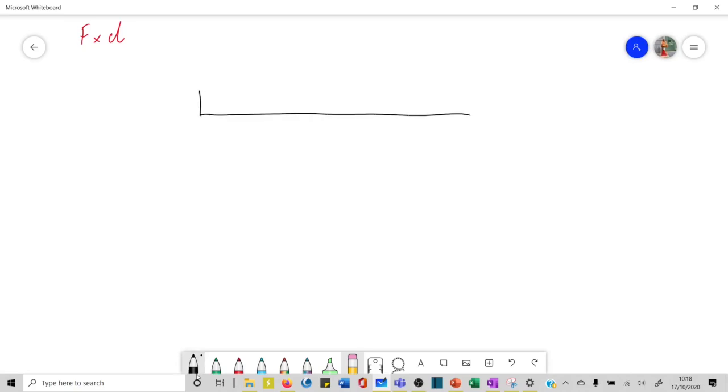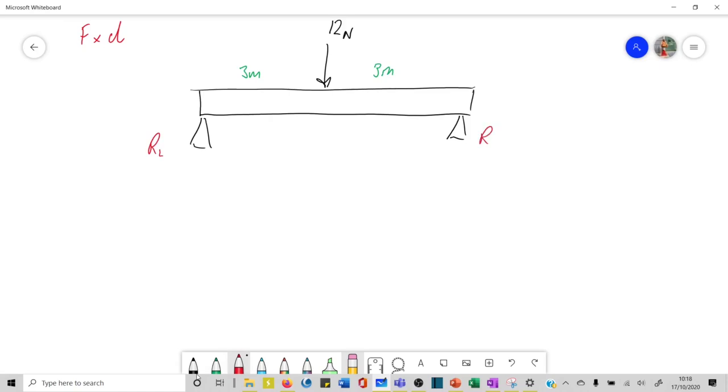So there's our beam. Okay, simply supported, and we had a force there of 12 newtons, and then we had 3 meters and 3 meters. So the left reaction then, let's put those in, RL and RR, would look like this.